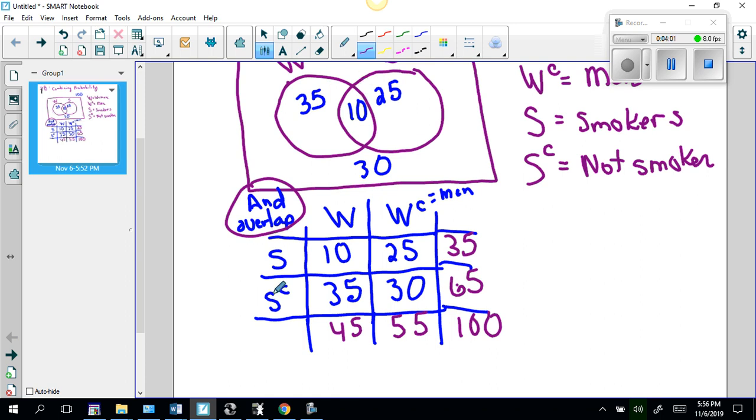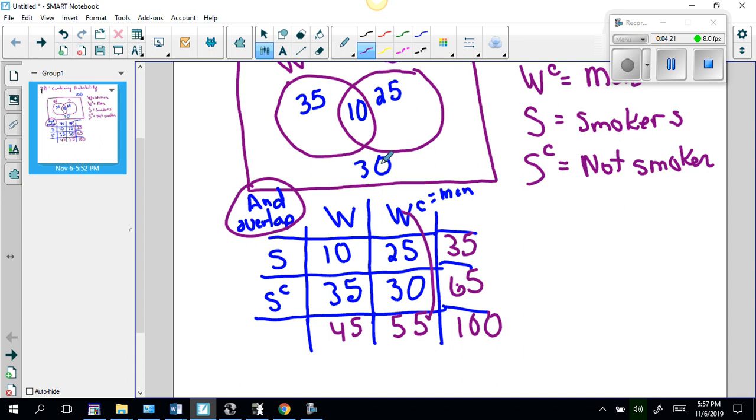I know the non-smokers to be 65, so outside the smoking circle, there's 65. It's a really good thing. Like 55, well, there's 55 men, meaning outside the women's circle, there's 55 men and 100 total.